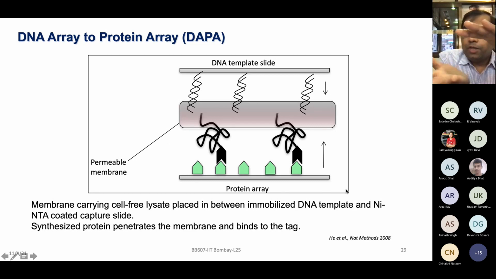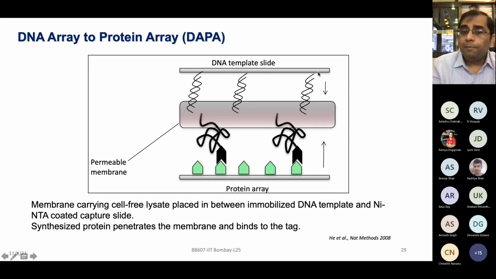That will now be touched to the second slide, which has nickel NTA coated on the array. Therefore, these purified proteins are going to bind to this particular chip surface, through nickel NTA-histidine binding. And you are only ending up with the purified protein array. You don't have any other material printed on the chip. So this is a very novel concept, a very ideal way of making arrays.